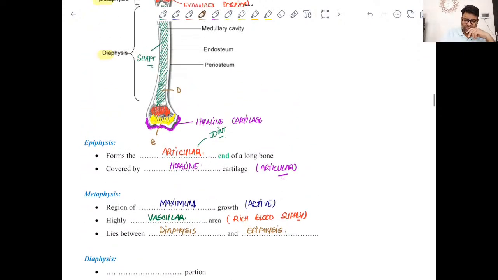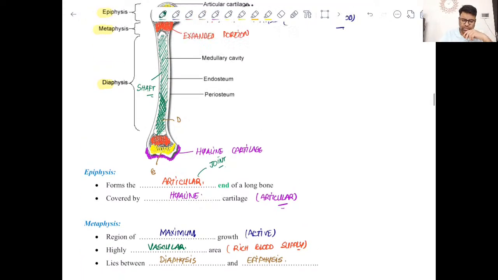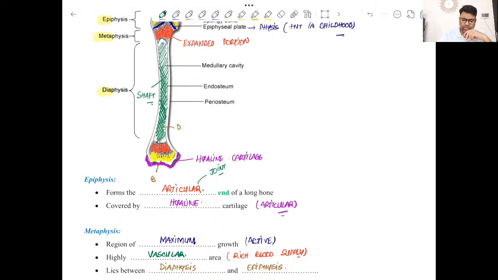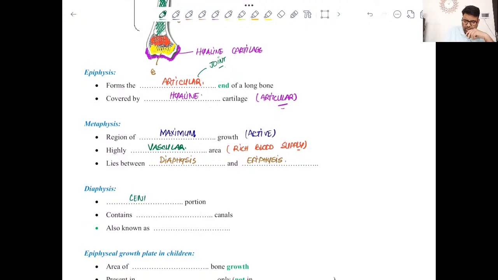Now diaphysis, you can already see it is the central strong part of a bone. Clear? This is all diaphysis. So diaphysis is the central strong portion, and it is also known as shaft, and if we take histology, we can see vertical channels which are known as Haversian canals, right?